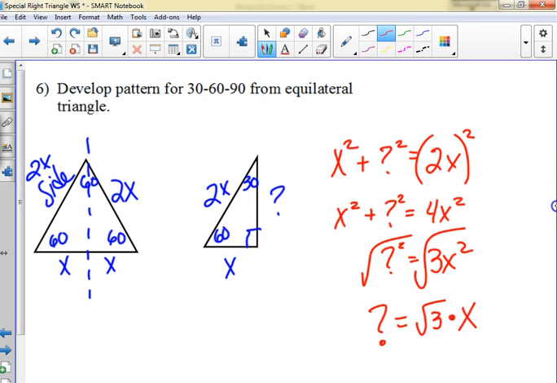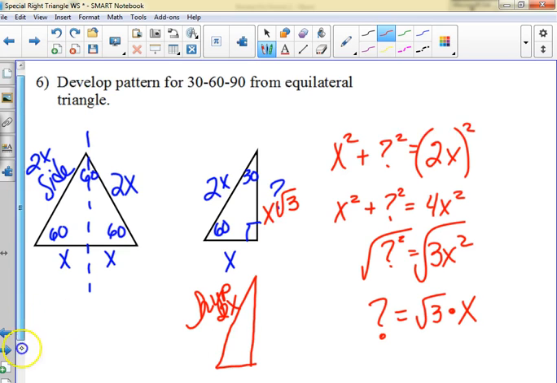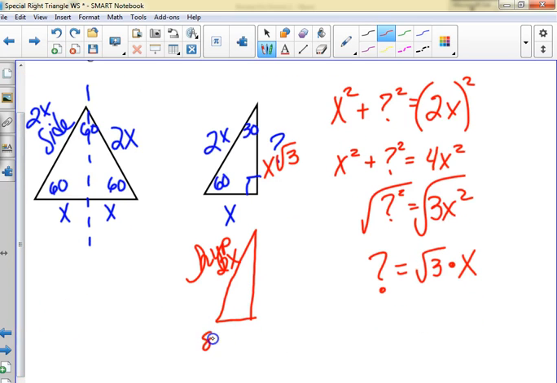Okay, so I would really prefer that we think of it this way. We have a hypotenuse that's 2 times the short leg. This guy is the short leg.